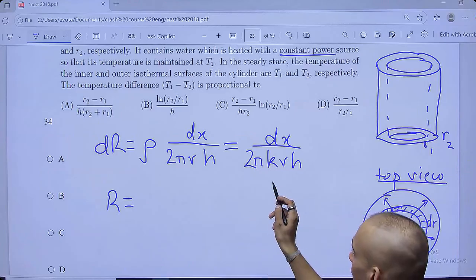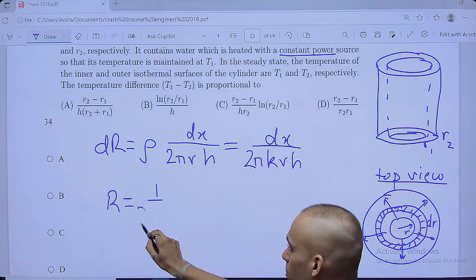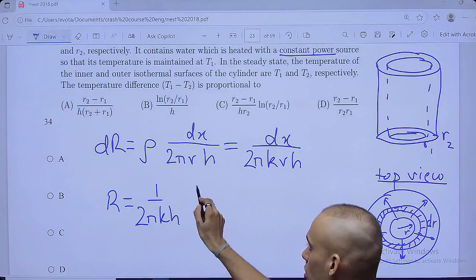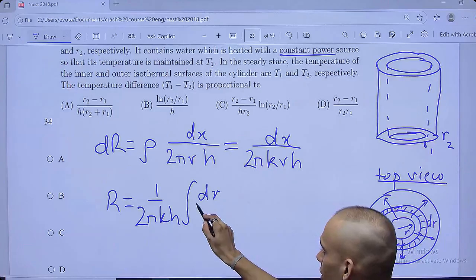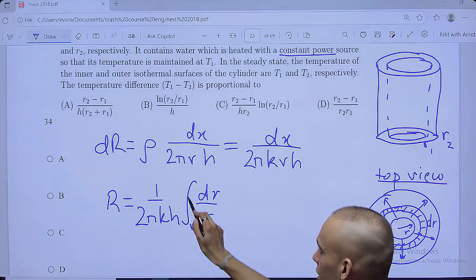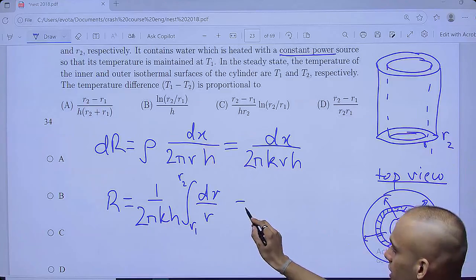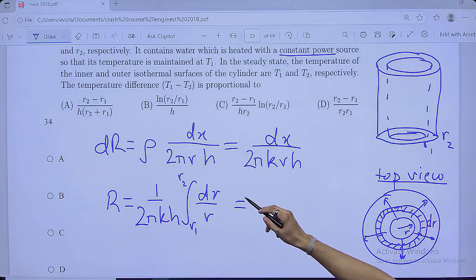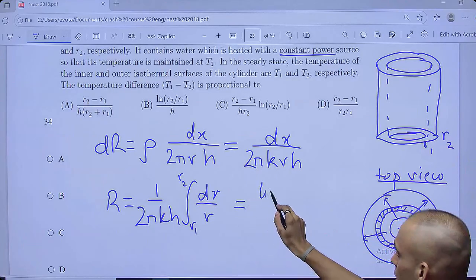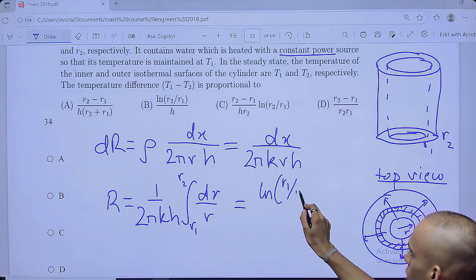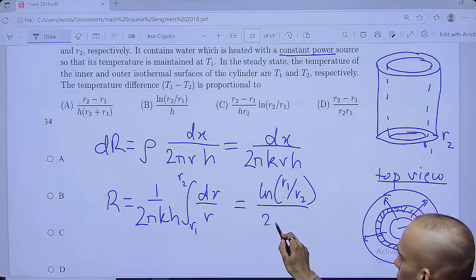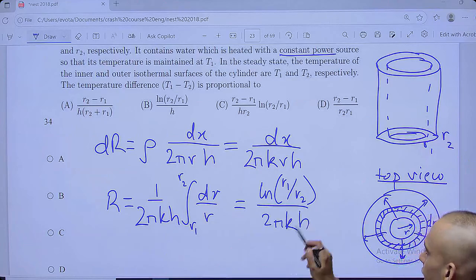2 pi and kh will come out, 1 upon 2 pi kh into dr over r, starting from the inner radius to the outer radius, because we know the temperature between the inner and outer radius also, right? This will come in a logarithmic form, that is, log of r2 over r1 upon 2 pi kh.